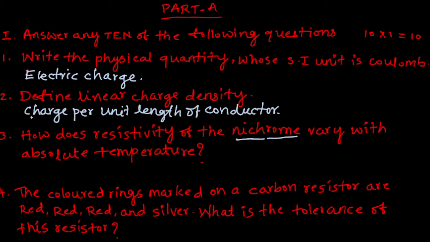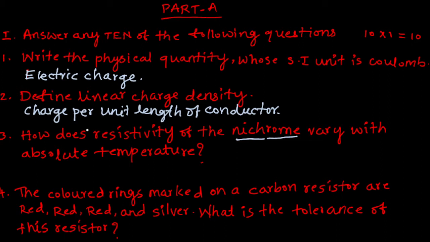See, the resistivity of an alloy depends very little on temperature. That means the variation in resistance will be very small with temperature. But in metals, the variation of resistance is higher.